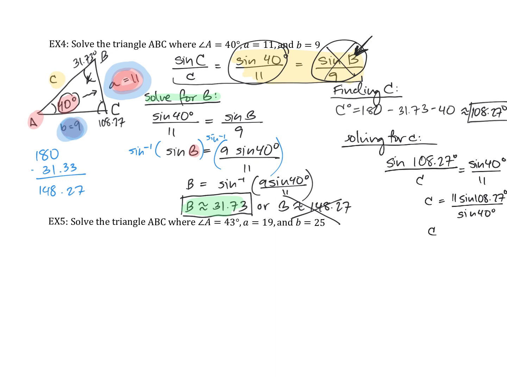Okay, and then c is going to be approximately 16.25. It doesn't really look that good up here. So once again, because it's sort of hard to label the triangle sometimes, just box your answers and make sure to label your work to tell me what you were solving for.